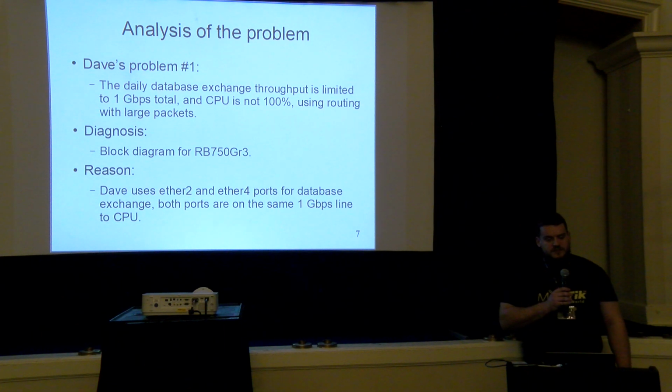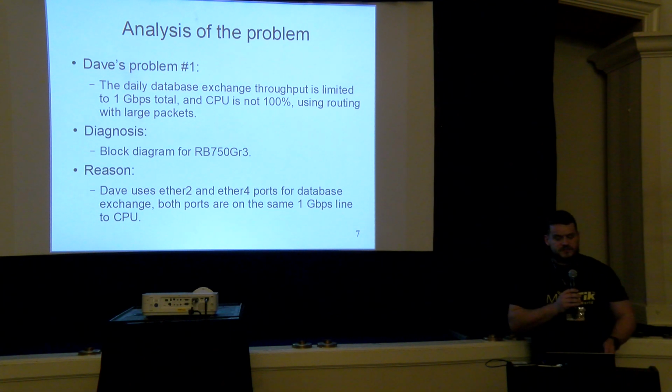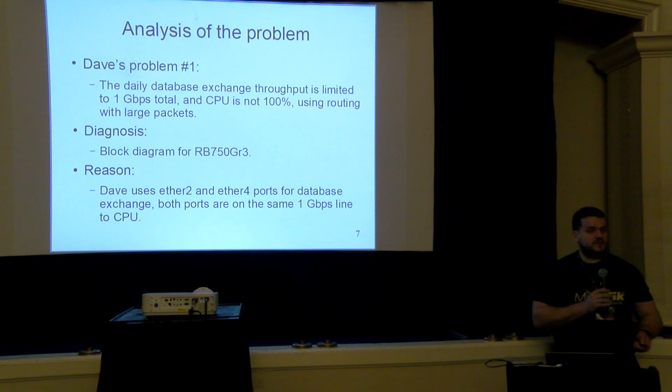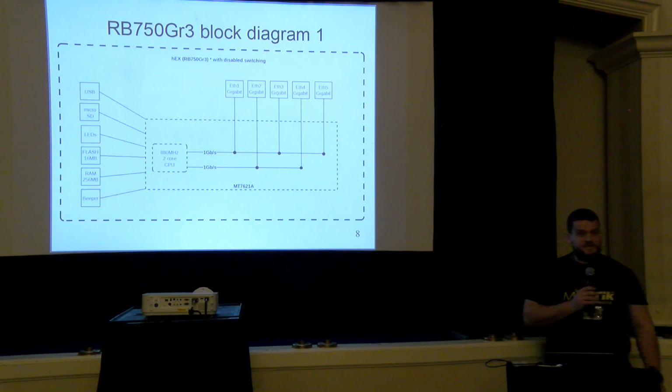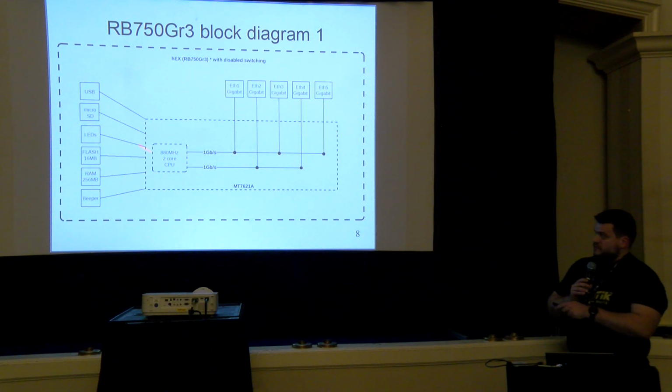And the answer is he never looked at the block diagram of the 750. The reason behind the problem is Dave uses ports 2 and 4. If you go to our RouterBOARD product page, you will find out that on the 750, there's a CPU with a 2 gigabit line connection.